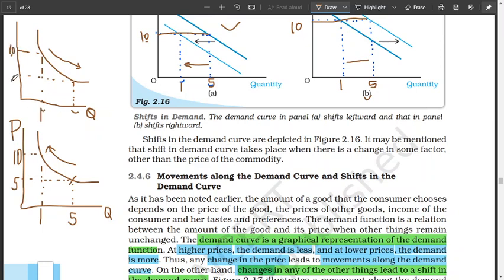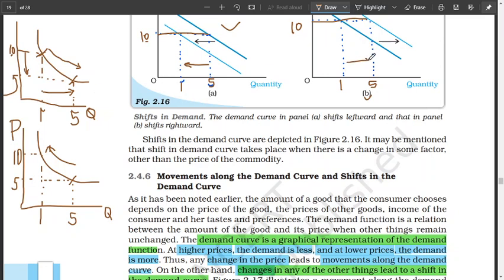If the price is 5, then you shift from this point to this point, you buy 5 because it is becoming cheaper. So you shift along the same curve from the high level to the low level. You buy more.